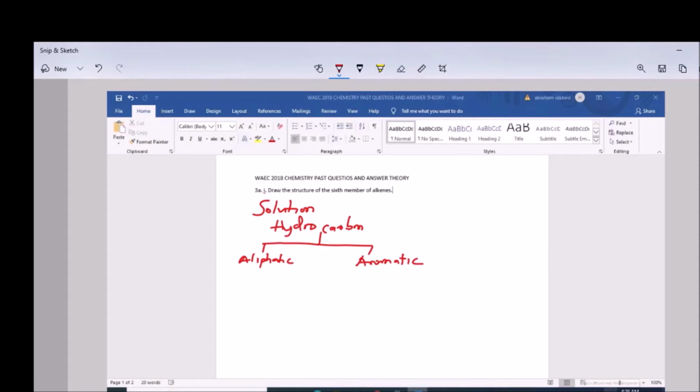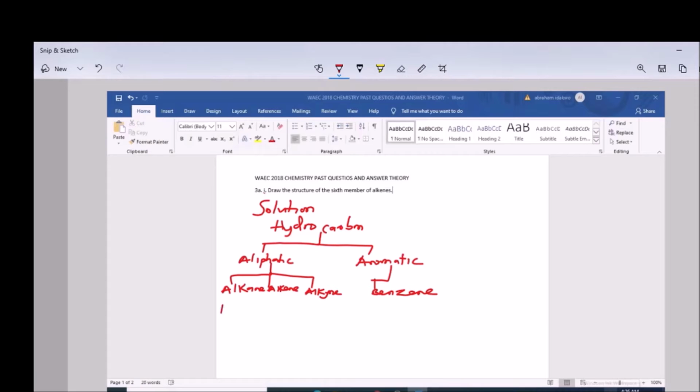Now we have the examples of aliphatic hydrocarbons to be the alkanes, alkenes, alkynes and others. Then we have the aromatic hydrocarbons to be benzene. Aromatic hydrocarbon is benzene. Now we have the homologous series to be the alkanes and alkynes.